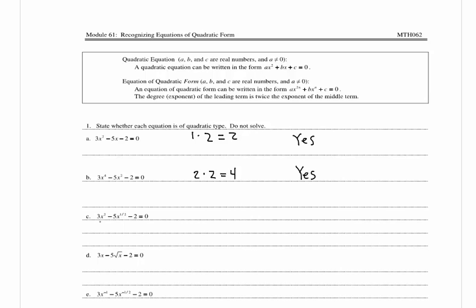In C, we have 3x squared minus 5 times x to the 1/2 minus 2 is equal to 0. So we're going to take 1/2 times 2, which is equal to 1. And 1 is not the exponent of our leading term, so this is not of quadratic type.